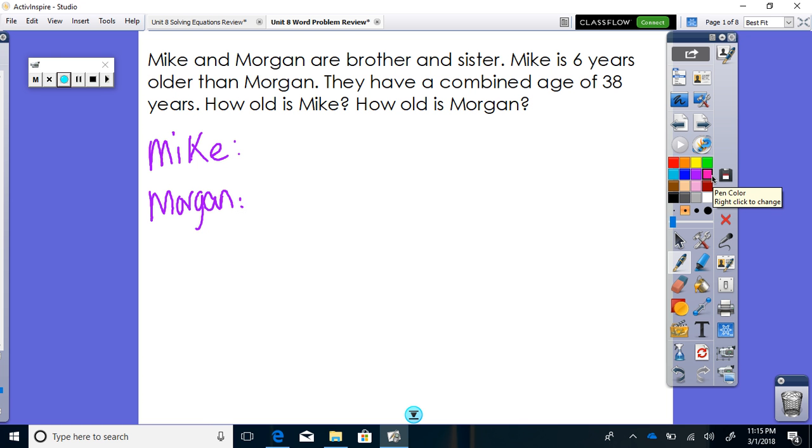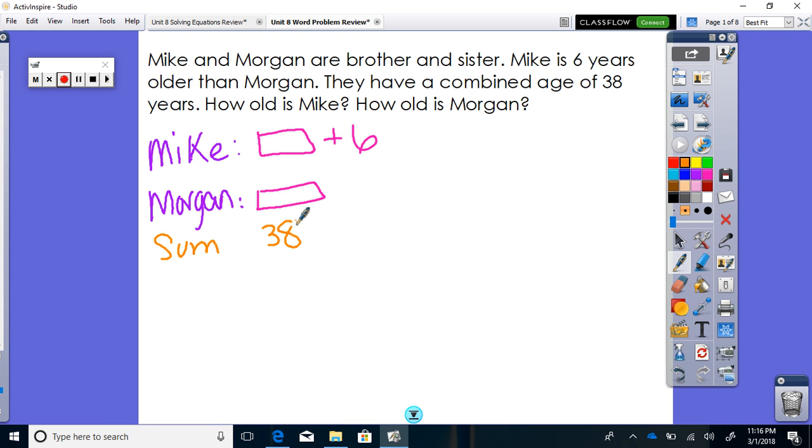Since Mike is 6 years older than Morgan, Morgan is the youngest, and then Mike is Morgan's age plus 6 years. That's a really great way to visualize it because Mike is the same age as Morgan but 6 years older. And then combined, their ages add up to 38.